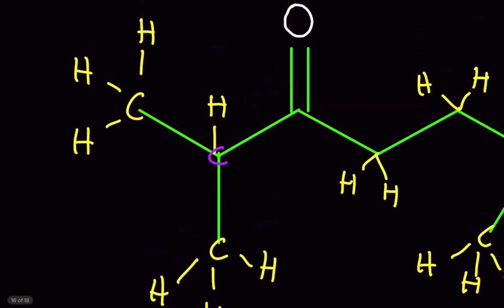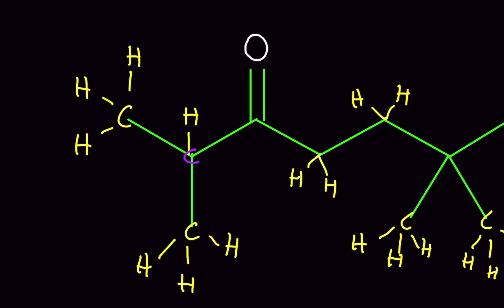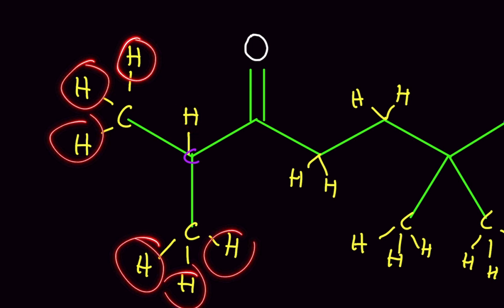There are six protons that are within two carbon atoms away. So this proton has this neighbor, this neighbor, this neighbor, this neighbor, this neighbor, this neighbor.